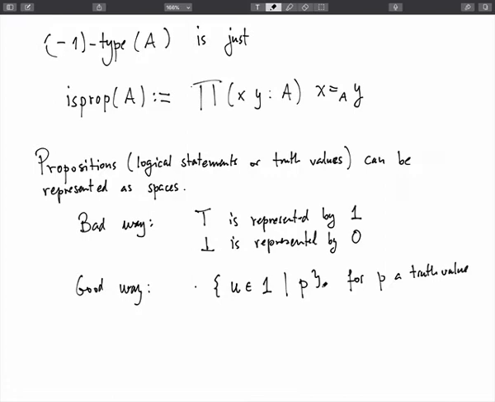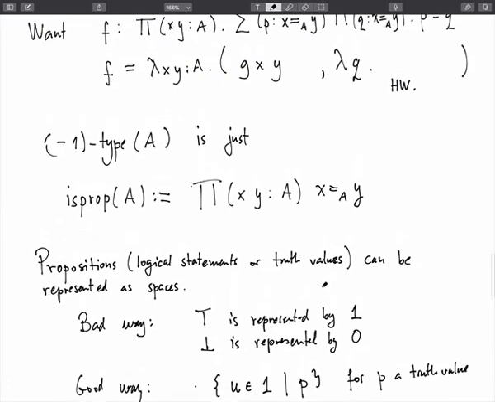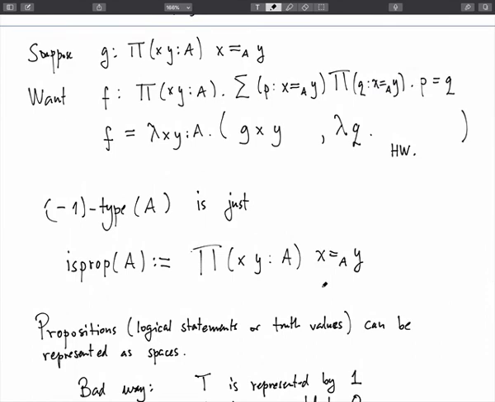And if we're in some weird intuitionistic setting with in-between possible strange truth values, then a space with at most one point represents a truth value, and it's as true as it is inhabited. There might be degrees to which it has a point, and it's true to the degree to which it has a point. So that's why this is going to work in a general way, and so that's why we call these things propositions.